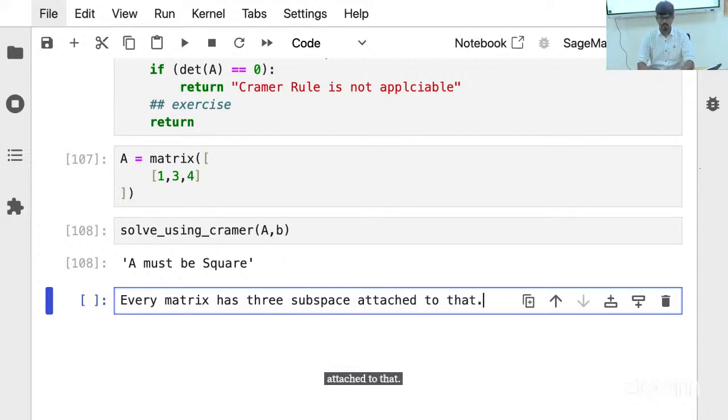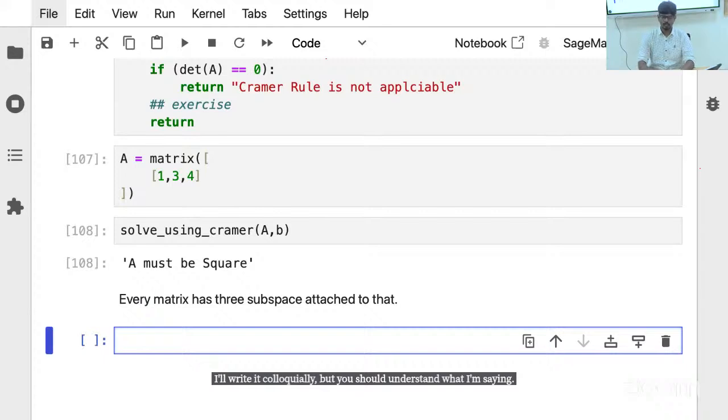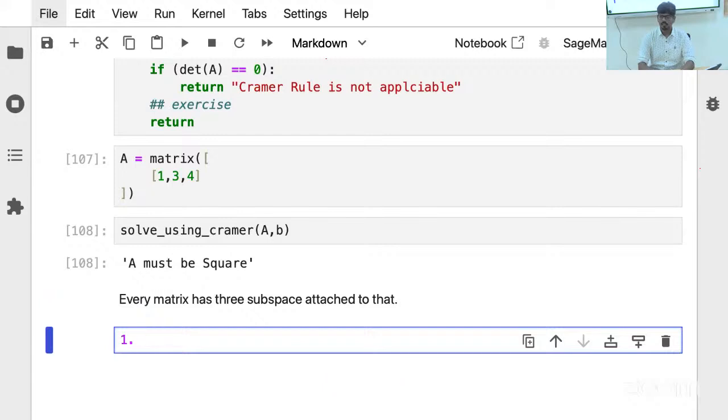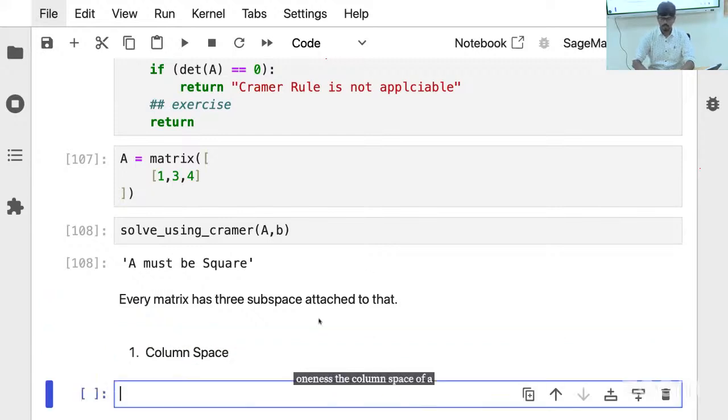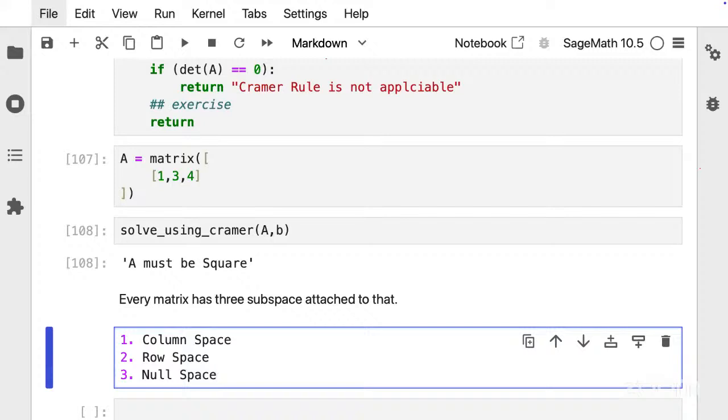I'll write it colloquially, but you should understand what I'm saying. What are they? One is the column space of A, and the other one is clearly the row space of A, and the null space.